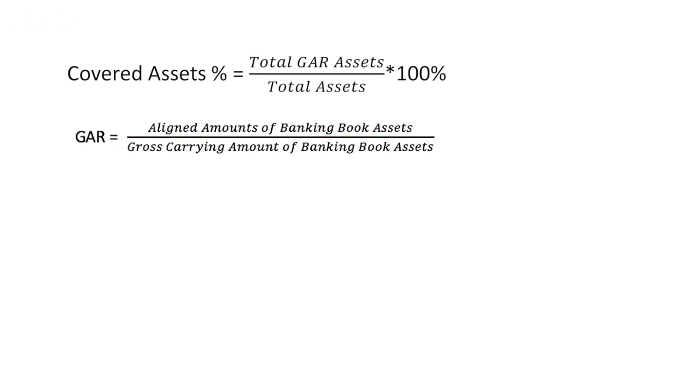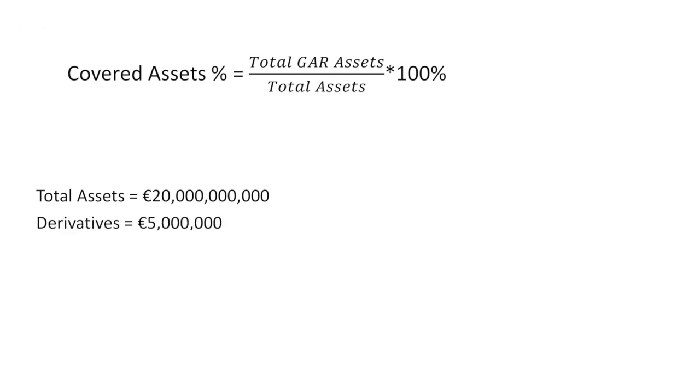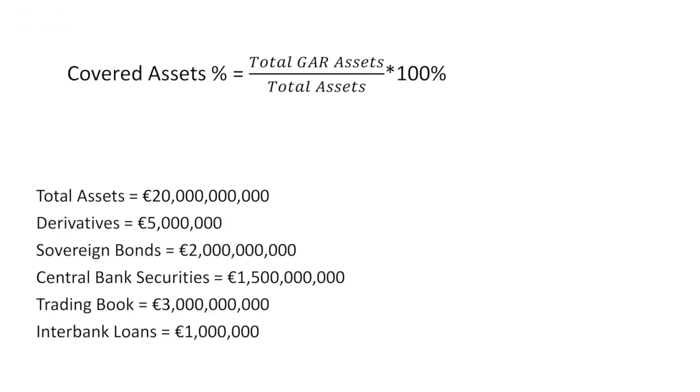Here is an example. Suppose our bank has 20 billion in assets, and we need to compute the proportion of assets covered by the GAR ratio. There is some additional information such as derivatives exposures, interbank loans, as well as central banks and sovereign exposures.